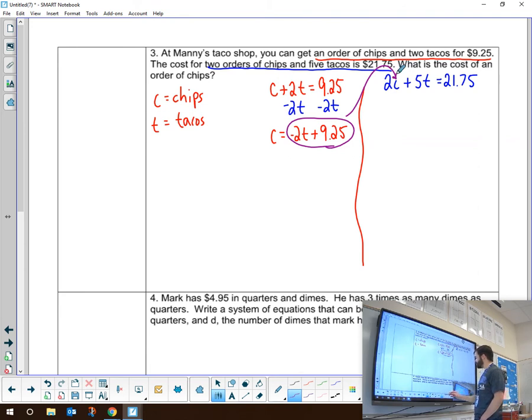Okay, so that's going to allow me to rewrite this as 2 times -2t plus $9.25. Don't forget to put your parentheses around it so we don't forget to distribute. Okay, plus 5t equals $21.75. And now we're going to solve, and we're going to figure out how much 1 taco costs. So we're first going to distribute 2 times -2t, 2 times $9.25.